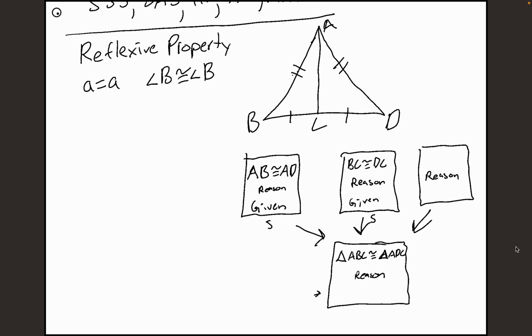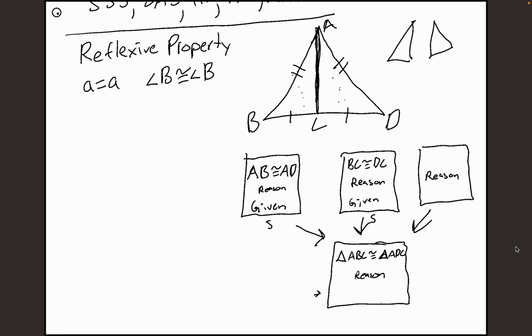Now, we're going to be using reflexive property. Now imagine, see how there's two different triangles right here, and they're sharing that side? It's these two triangles, but it's just put together. Do you see how they're sharing this middle side?